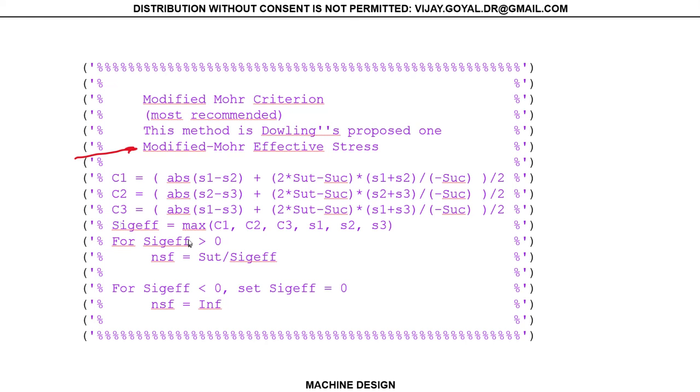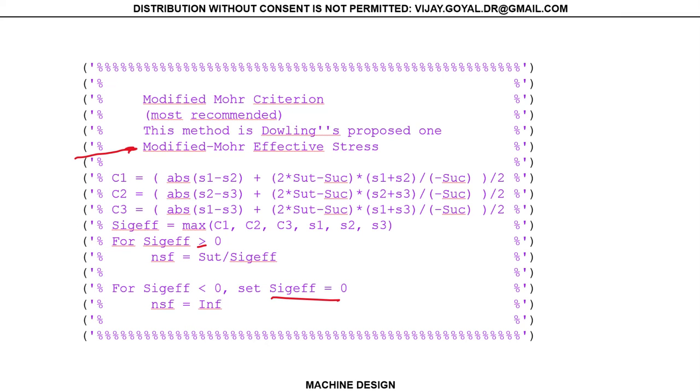Then you want to choose the maximum value between C1, C2, C3 and the maximum stresses. We don't use absolute values here, by the way. If this value is bigger than or equal to 0, then use this equation. But if it's less than 0, then you set that equal to 0 and know that if it's 0, it goes to infinity.